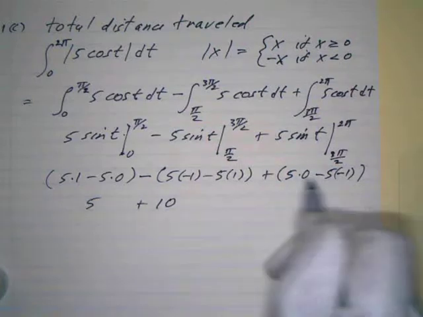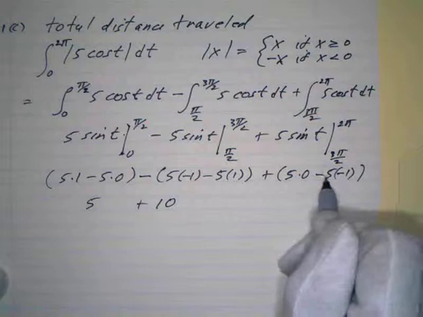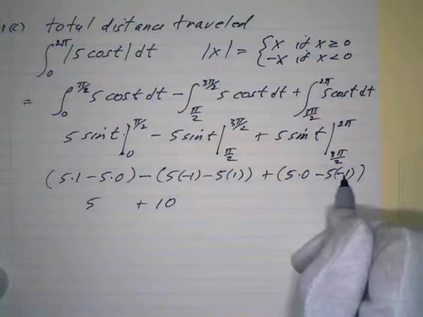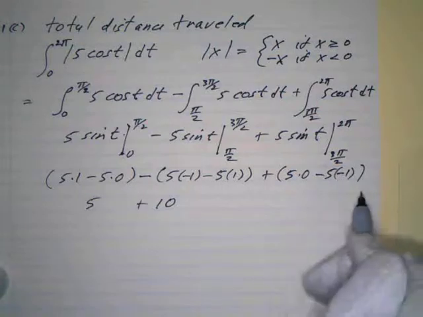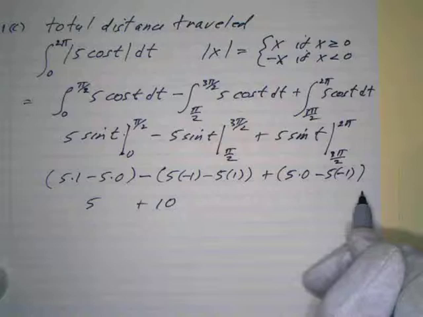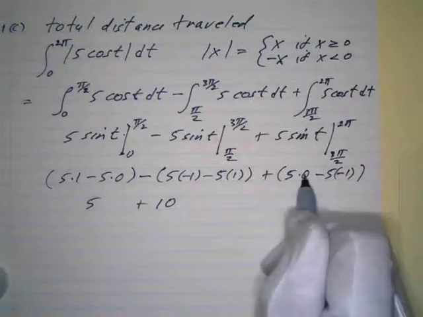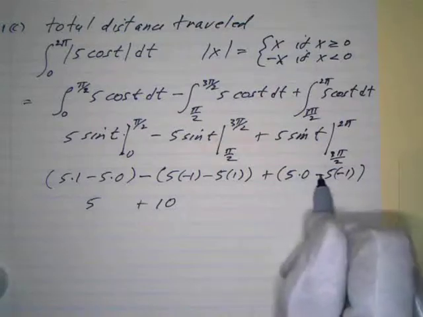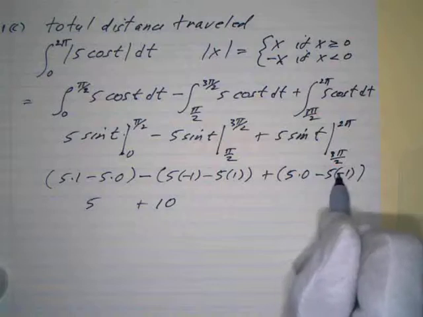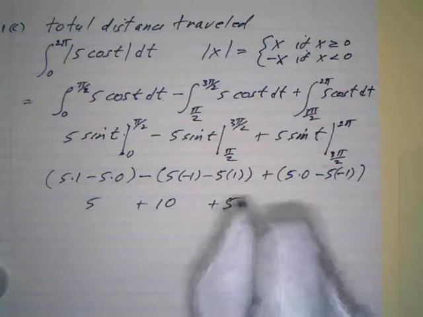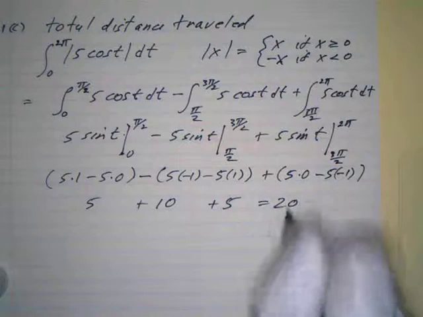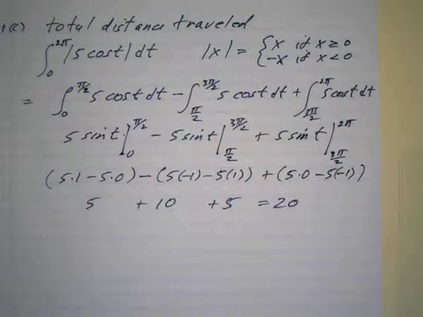And then the last part: 5 times 0 is 0, and a negative times a negative is positive, so I got 5 here. If I add those all up, I get 20. So hopefully that makes sense, and we'll get the next one on in just a moment.